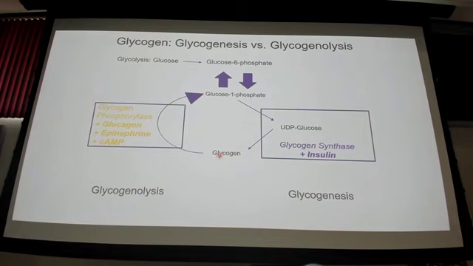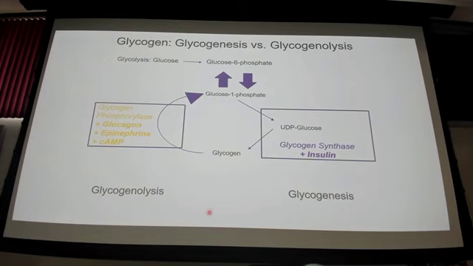All right? Now, if we have low glucose levels, low blood glucose levels, or if we need to fight or flee, which means that epinephrine levels are high, or glucagon levels are high, or cyclic AMP levels are high, those are all stimulators of glycogenolysis.